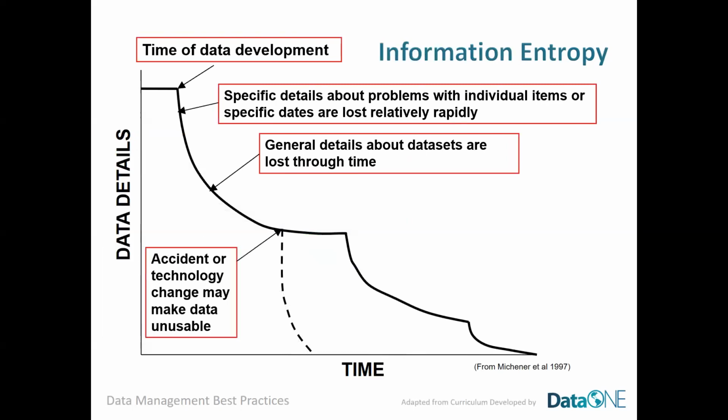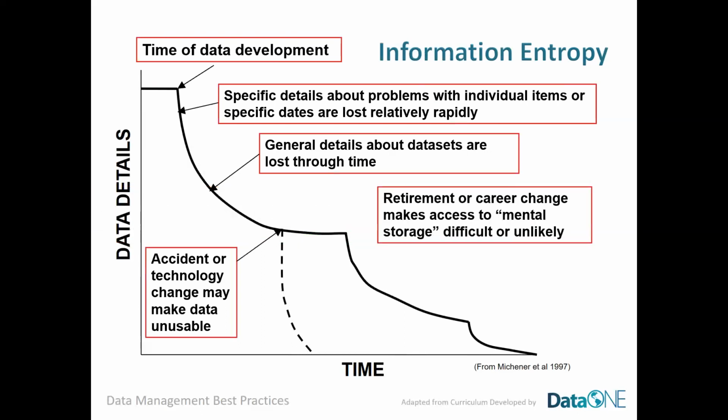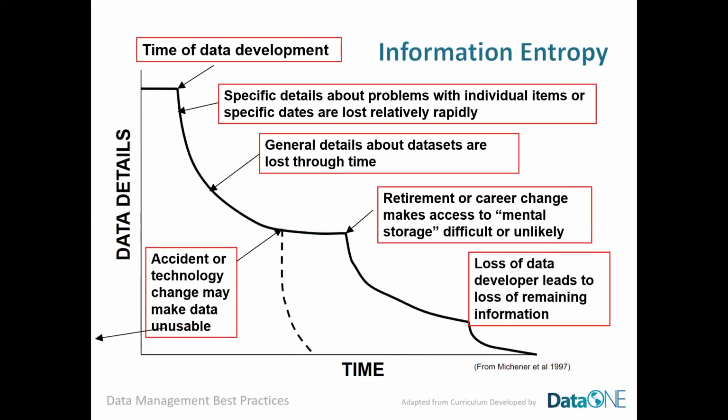Without a metadata record, this data might be unusable, and the data set is not considered complete without a metadata record to accompany it. And with technology change, data formats may get outdated and need to be refreshed over time, and with additional data warranting versioning. Other circumstances like retirement or career change make access to the mental storage difficult or unlikely.